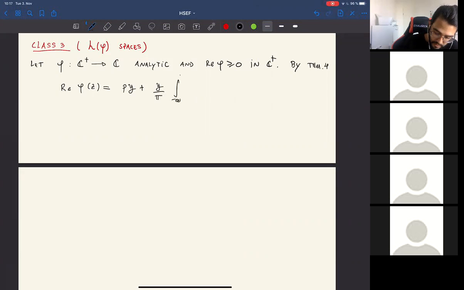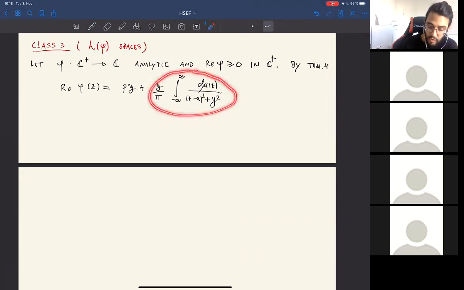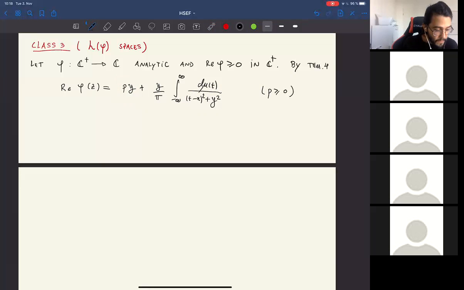So the real part has to be given as a convolution, if you wish, against the Poisson kernel, which is this guy here. It's the Poisson kernel, plus a linear factor. Okay, so this p here is greater or equal than 0.